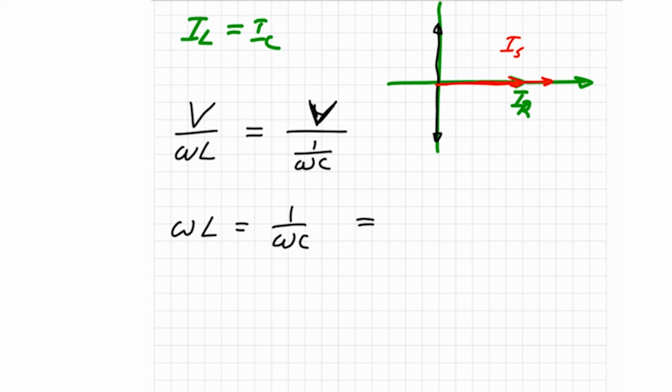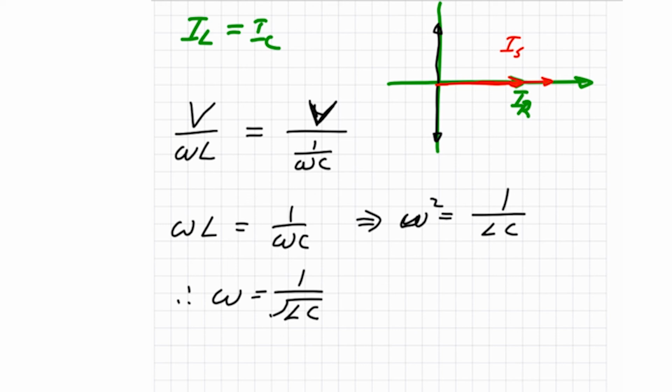And from there, we can see that omega squared is equal to 1 over LC. Therefore, omega is 1 over the square root of LC. This is what we call the resonant frequency, which is the natural frequency of the circuit.